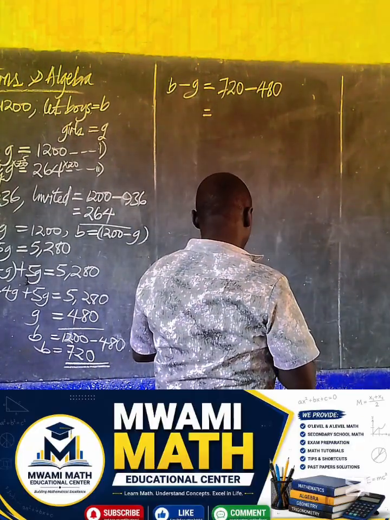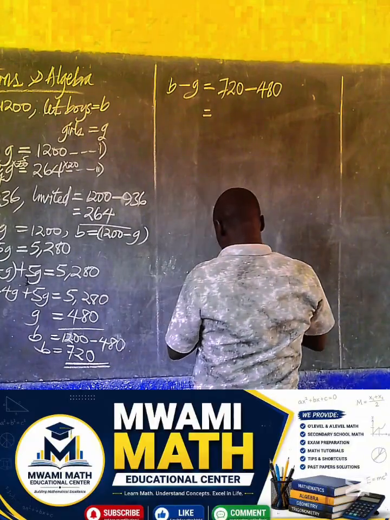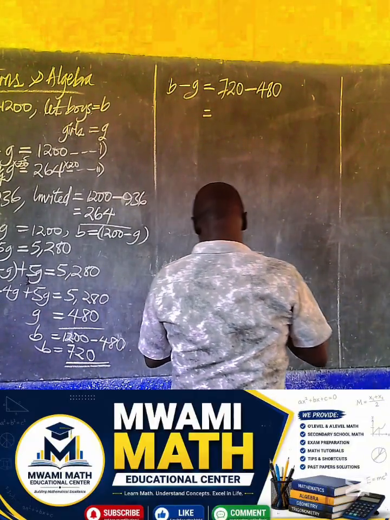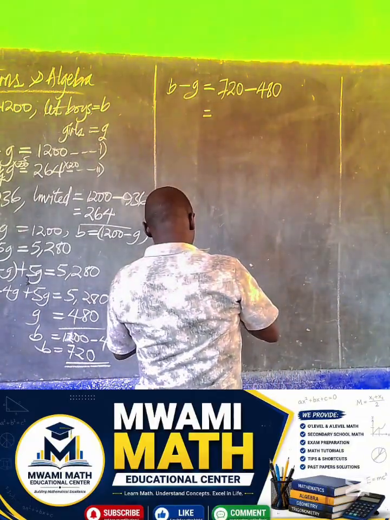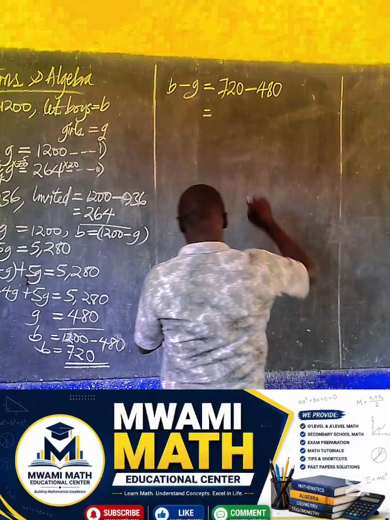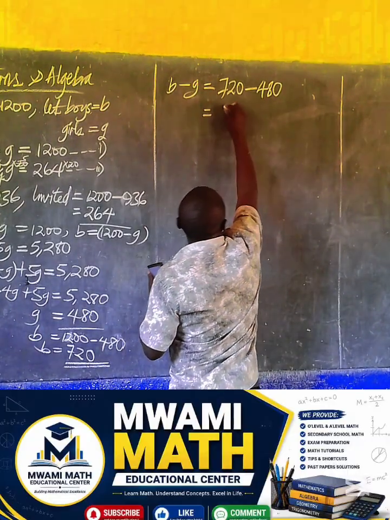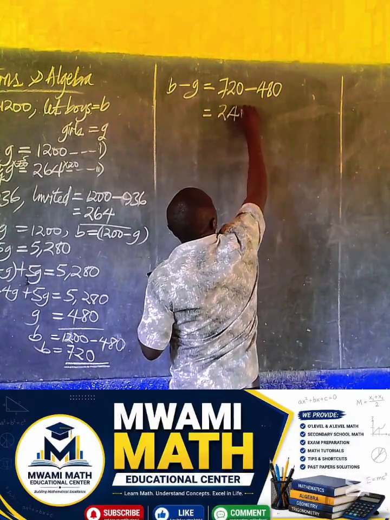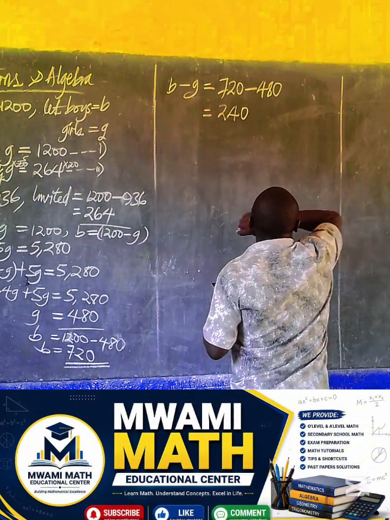So when you subtract that, what do we come up with? We come up with 240.